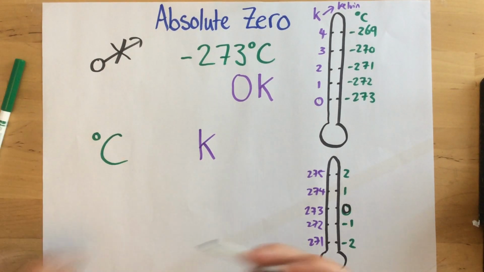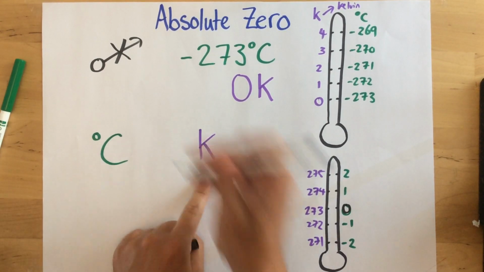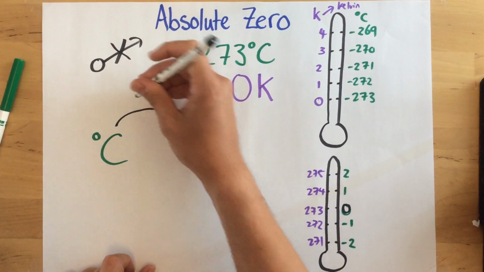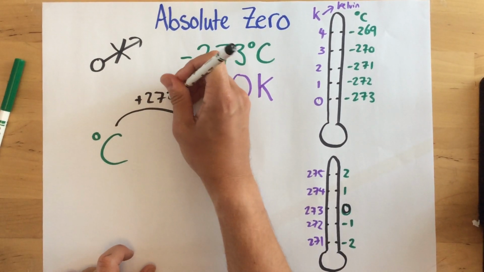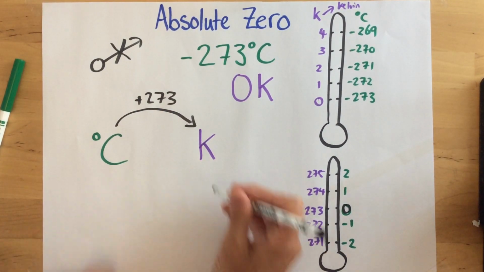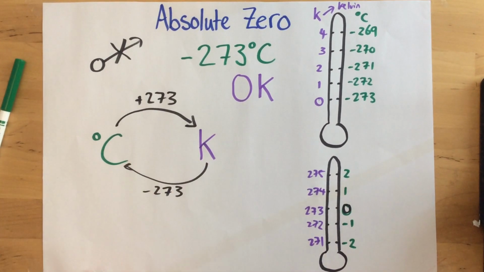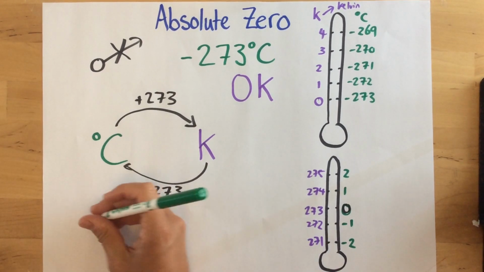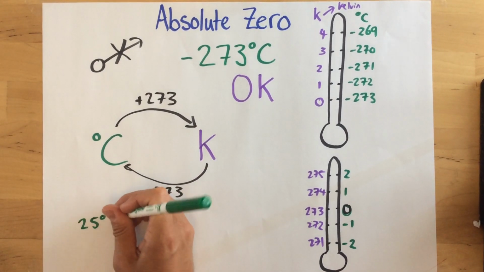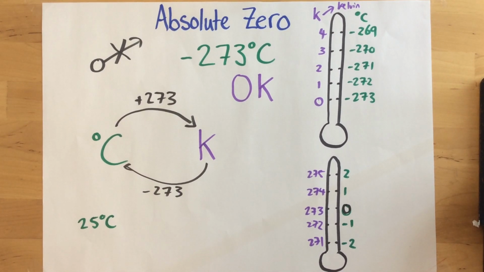If I'm converting from degrees Celsius to Kelvin, I just need to add 273. And if I'm converting the other way, I just do the opposite. I just take away 273. I'll just show a couple of examples underneath. Let's say I wanted to show 25 degrees Celsius in Kelvin.